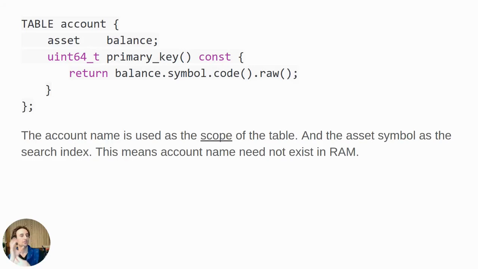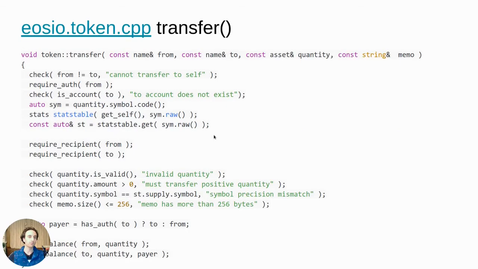We fetch the table, we look through the table by the scope, we use the account we're looking for as the scope, then we use the symbol as the search we look through. That means we can store multiple different asset types for the same user. And also it means that we don't need to store the account name every time for each row in the table. So this is saving RAM by using the account name as the scope of the table.